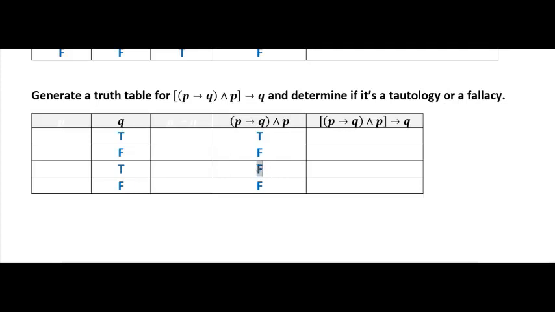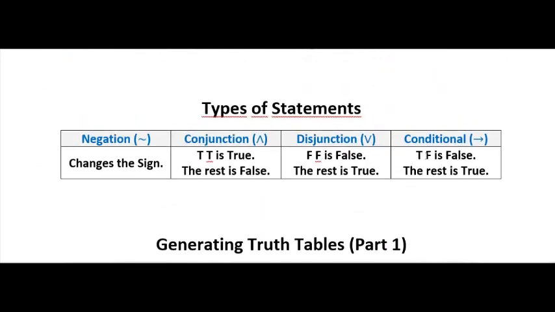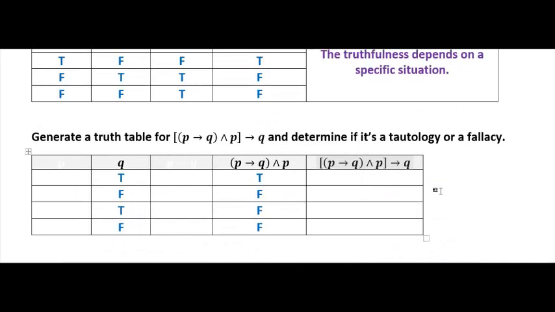The first letter will be F, and the second one will be T. And that is not TF, that is actually FT, so it doesn't work. Once you've noticed that there are no cases of TF, none of them are going to be false. They are all going to be true. So I'm going to have true in here, true in here, true in here, and true in here.